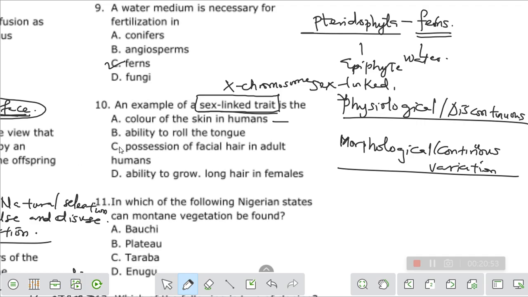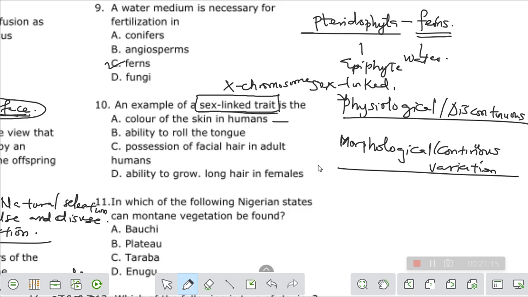They will start growing beard, moustache, or whatever. Females will need to inherit two copies of the dominant allele to express facial hair growth. So the answer is possession of facial hair in adult humans.